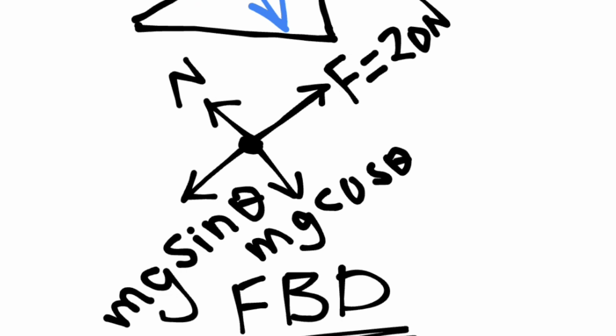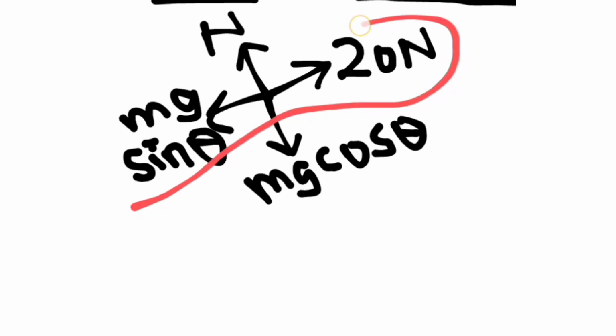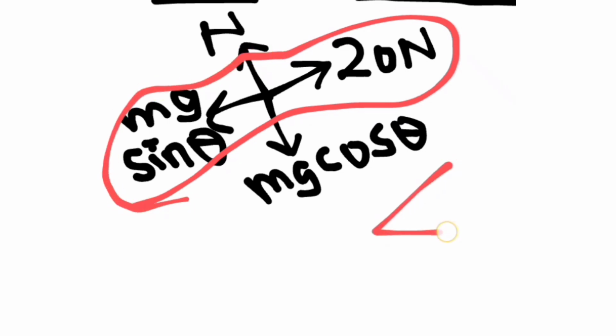When we use Newton's second law to calculate the acceleration, we have to know the forces responsible for the motion. So these two forces only are responsible for the motion of the box, because the box ultimately moves like this along the inclined plane direction, right? It doesn't move in any other direction.